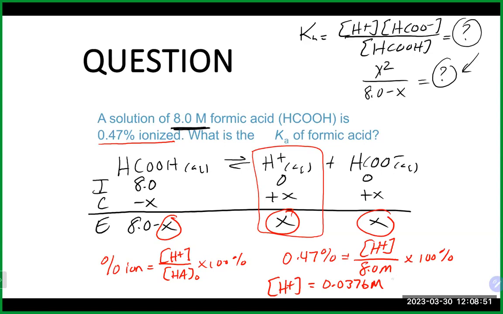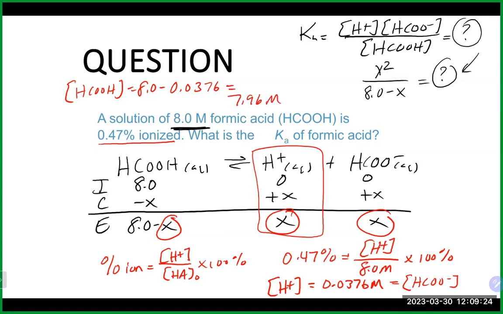So we know that's the H plus concentration. That would also be the concentration of our formate. Our formic acid concentration, as we can see from our ICE table, is 8 minus X, which in this case is 8 minus 0.0376. That gets us something like, we'll call it, 7.96 molar.